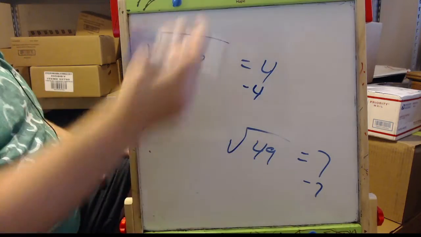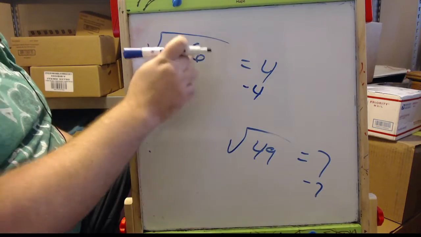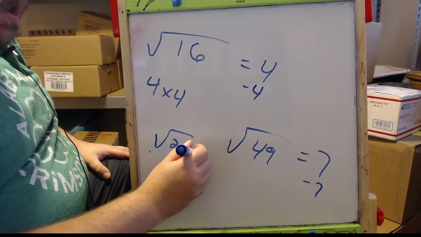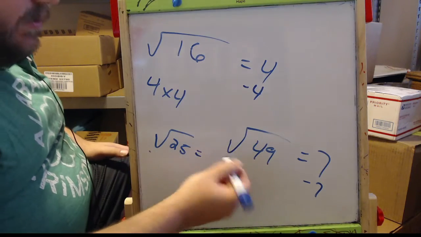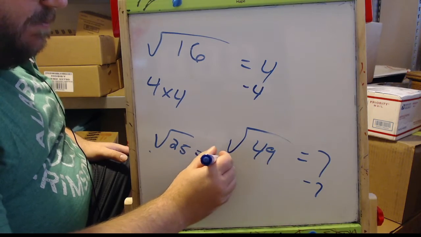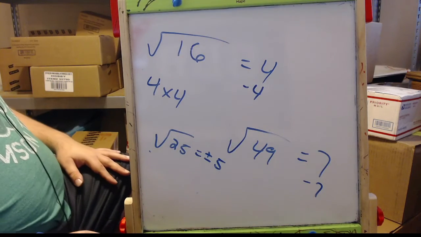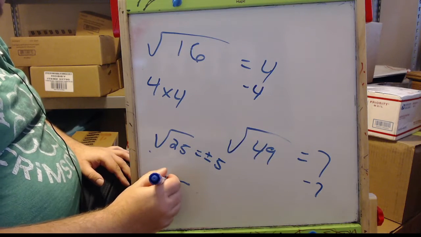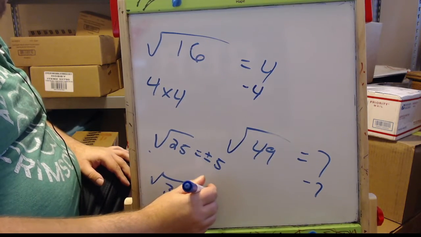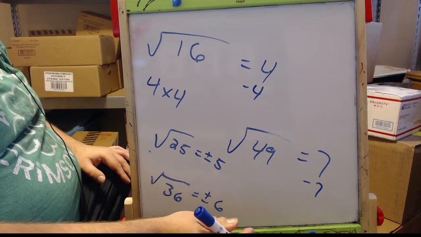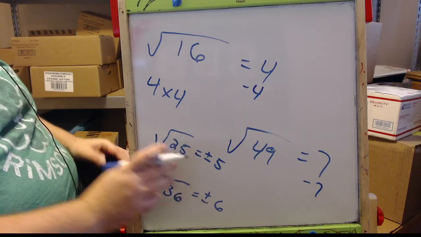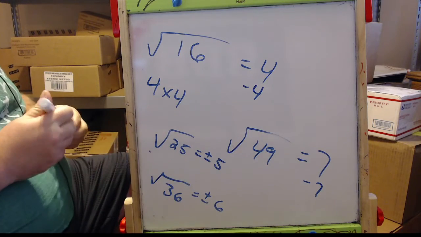Negative 4 times negative 4 is 16. So what you might see as a square root, let's see, a square root of 25. 5 times 5 is 25. So is the negative. So what you'll see as the answer is plus or minus 5, like so. 36 would be plus or minus 6. We'll only deal with whole number square roots.